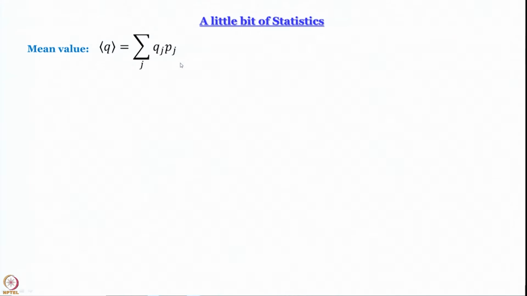This is exactly the same thing that we have learnt in school. If we make some measurement, 3 times I get 5, twice I get 7, once I get 2. What is the average? We multiply each value by the number of occurrences, sum them up and divide by the total number of occurrences. It is basically the same thing that we have written here.